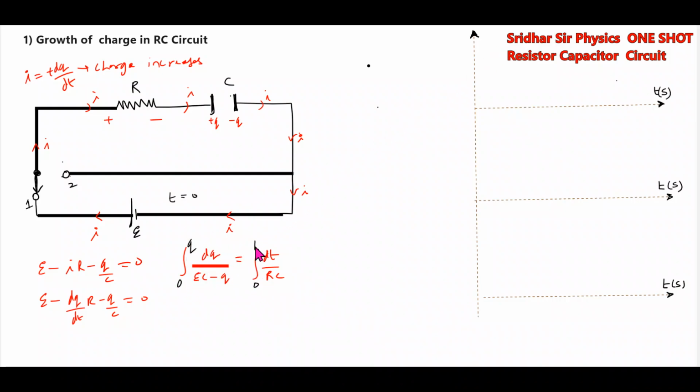At any instant of time, let the charge be Q. After solving this, I'll get Q equals CE times 1 minus e to the power of minus t by lambda, where lambda is called the time constant of the circuit. Directly I'm writing it. Why time constant? It has the unit of seconds.